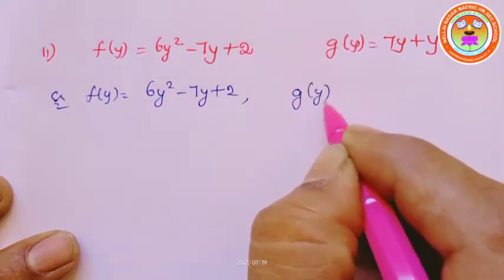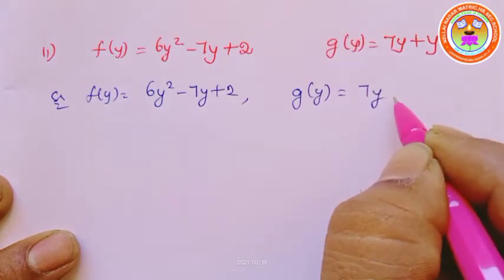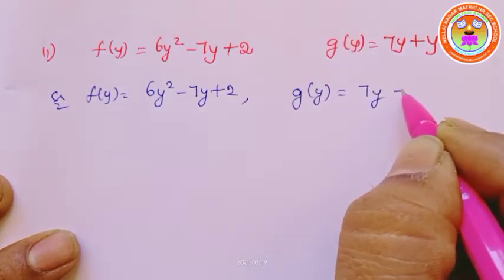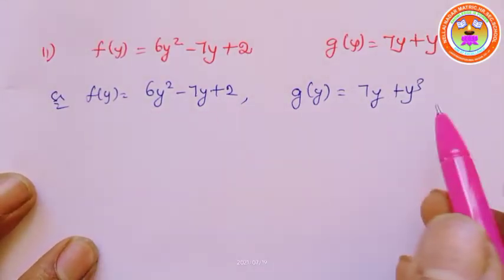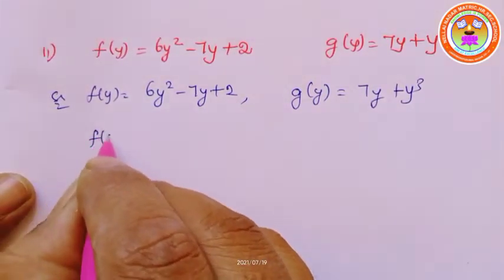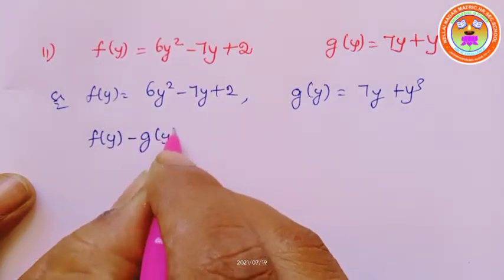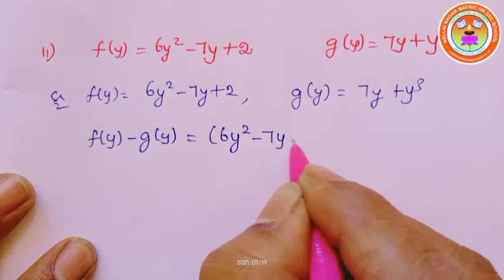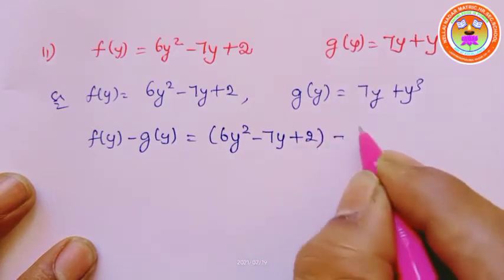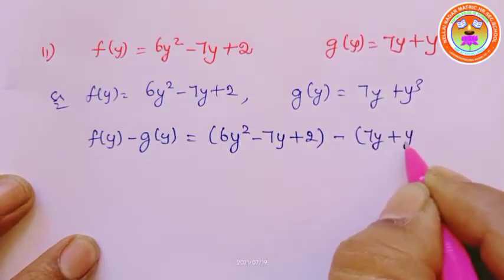And g of y is equal to 7y plus y cube. The variable given is y, in terms of y. So f of y minus g of y, you are going to subtract, students. So 6y squared minus 7y plus 2 minus of 7y plus y cube.